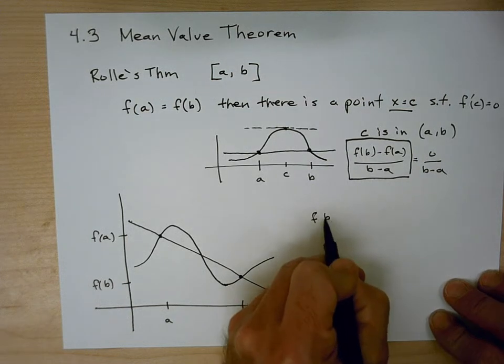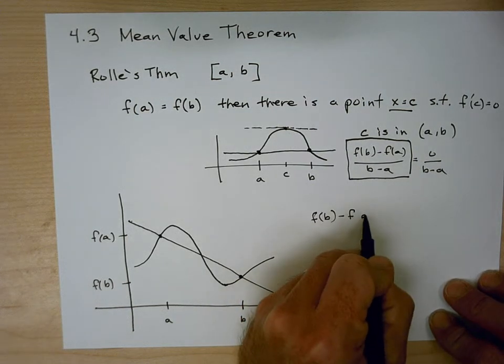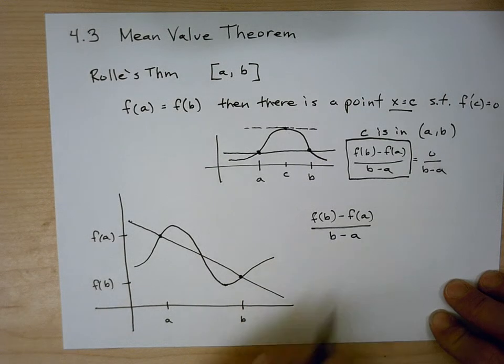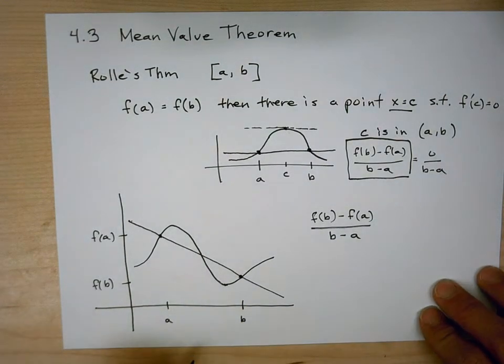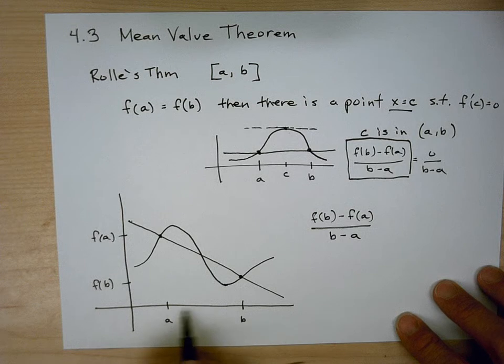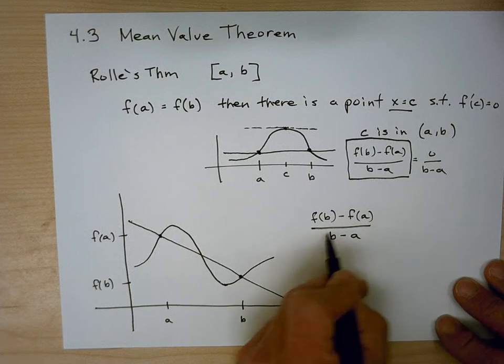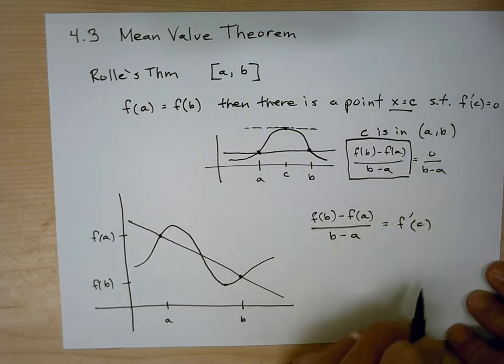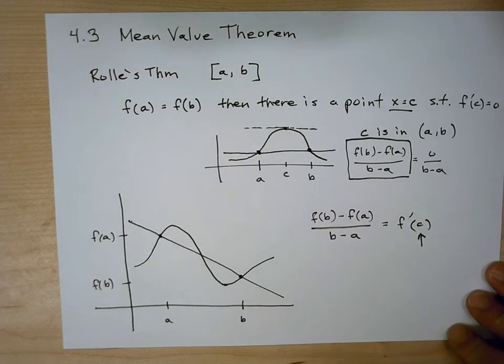It's f of B minus f of A over B minus A. What the mean value theorem says is that there is some point on the interior, in between A and B, some point C where the slope of the secant line is equal to the slope of the tangent line at that point C.